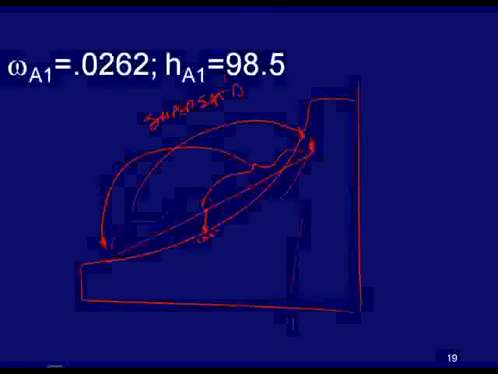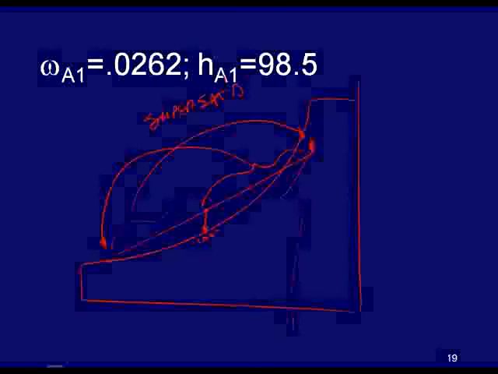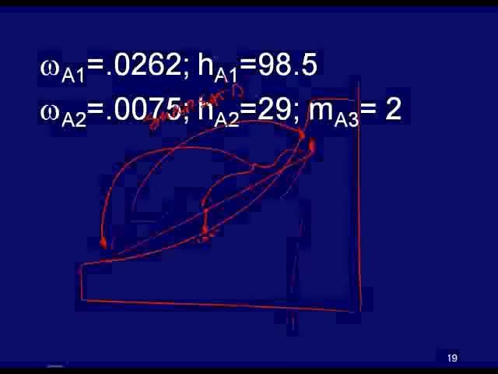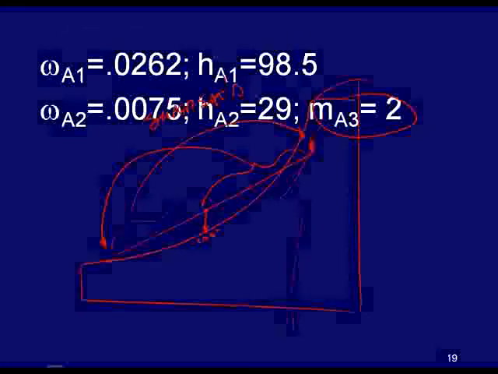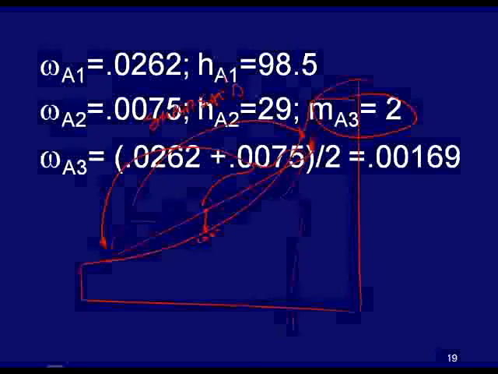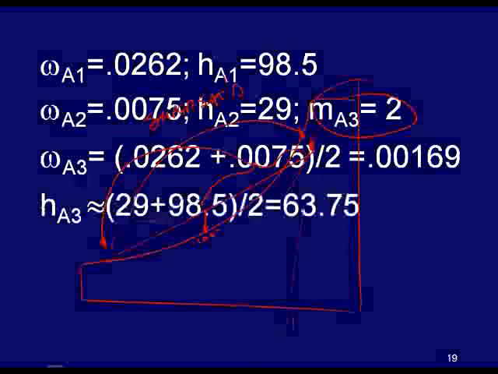So let's go ahead and calculate. We'd have omega A1. This is going to fall on my chart, but you get the idea. There's your data from state 1, your data from state 2. The mass of the air combined is 2, 1 plus 1. And we can calculate omega 3.